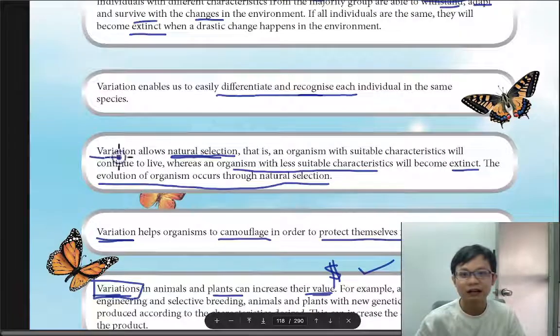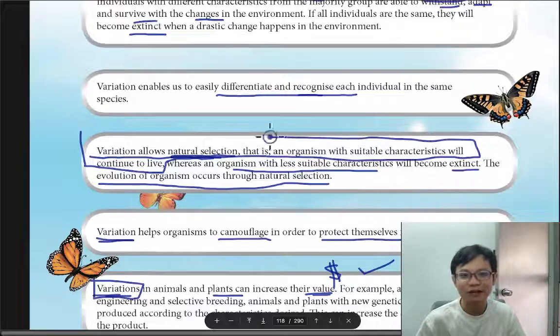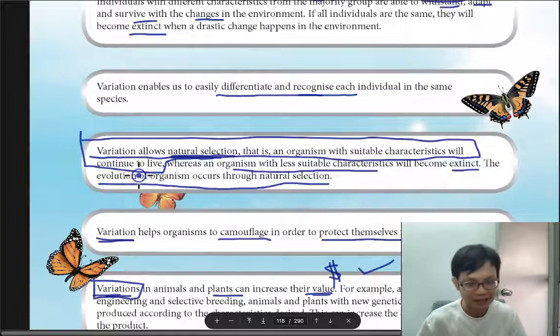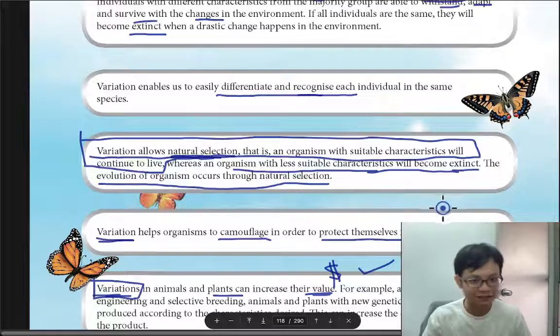And variation allows natural selection, where suitable characteristics survive. Natural selection is very good because only the suitable characteristics will continue to live, but the not so good ones will die. Or here they don't say die, lah, they say extinct. If you're not so good, then you will go extinct, you will disappear forever.